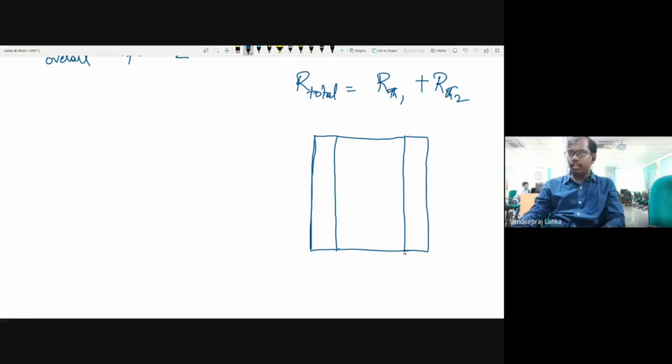Here I am taking three thicknesses, this being L1, this being L2, this being L3. This is material A, material B, material C, material D.